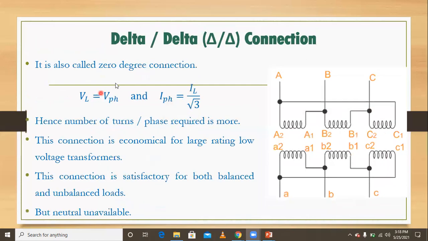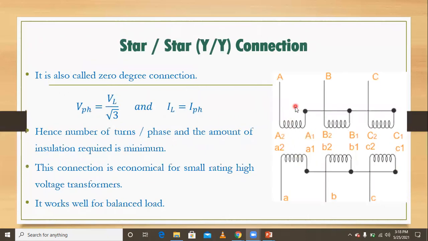Understood? Similarly, for delta delta, VL is equal to V phase and I phase is equal to IL by root 3. The phase voltage is the same on the primary and secondary sides, as both are delta connected, so there is no change, only K. Here also, with star star connection, the line turns ratio and phase turns ratio are both the same.